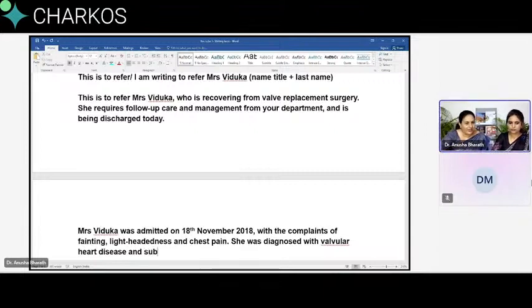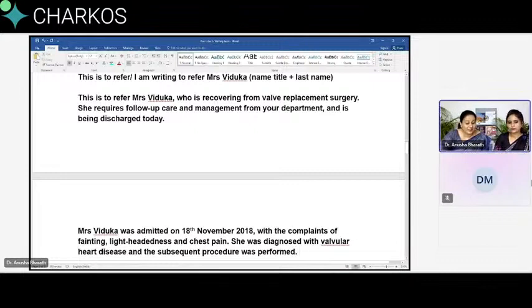So obviously, when you find a disease, when it is a valvular heart disease, what is definitely going to be done? It is the valve replacement. So instead of writing that, you can write subsequent procedure was done. Procedure was performed. Yes. Okay. What is the next thing?